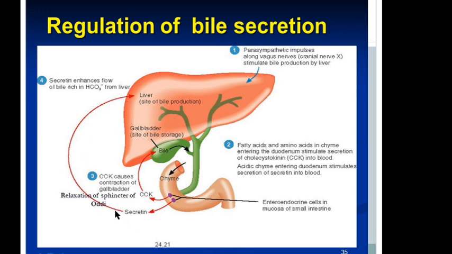This is called a choleretic, and this CCK is a cholagogue. Hope everything is clear. Secretin enhances the flow of bile rich in bicarbonate from the liver. Secretin and cholecystokinin are released from the enteroendocrine cells in the mucosa of the small intestine. So this is the regulation of the bile secretion.